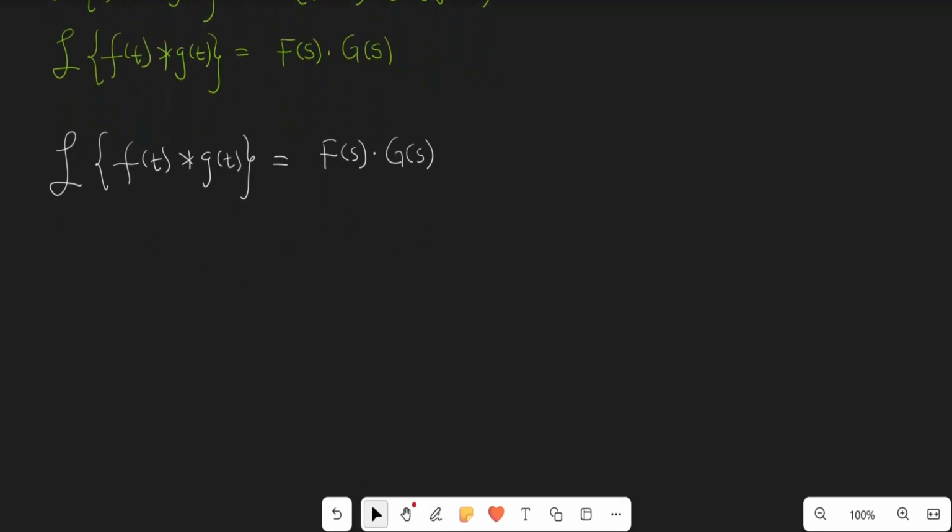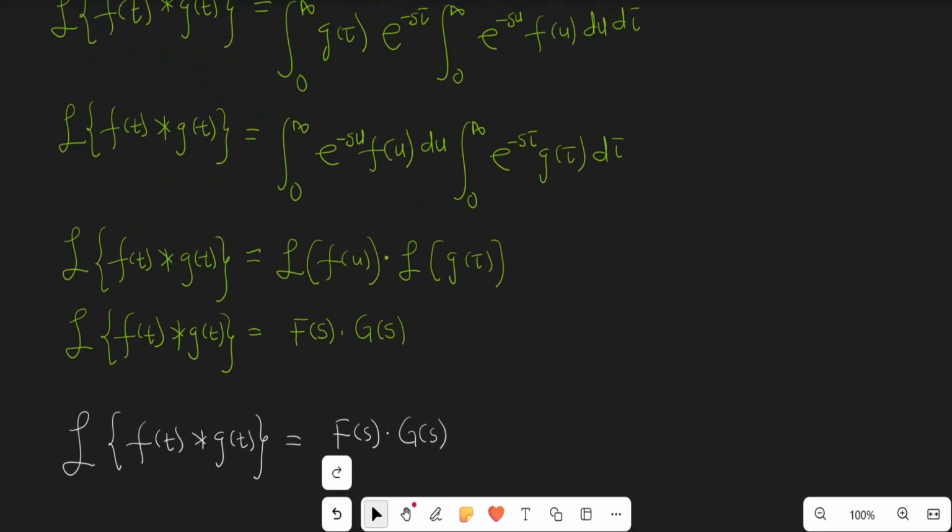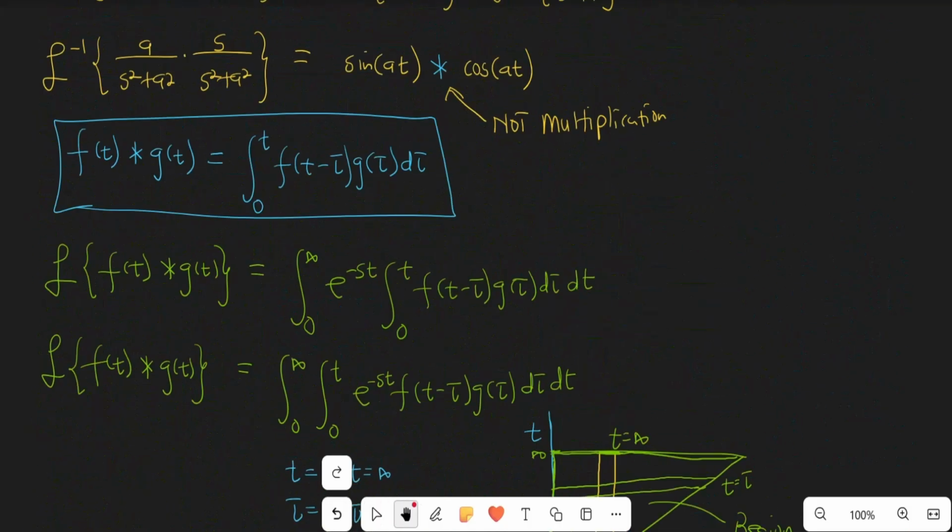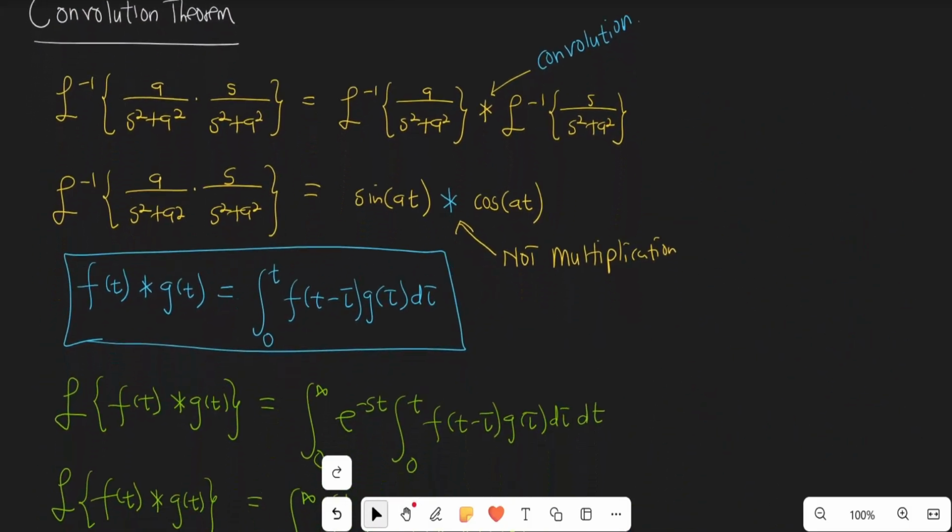So this is the convolution. That is why if we take the Laplace inverse of this, we are going to return the convolution. That is what I started with, when I started with an example. The Laplace inverse of these ones multiplied to each other is the Laplace inverse of this one times the Laplace inverse of this, right? And that is going to return the functions.